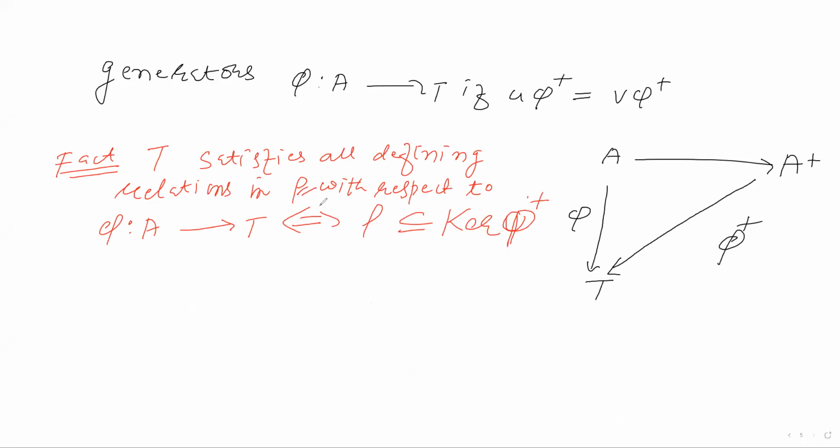And the fact says that this happens if and only if rho is contained in the kernel of phi plus. I think it is straightforward by the definition itself, but I can just explain it for you.